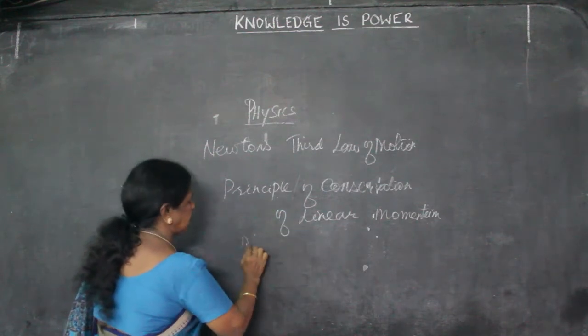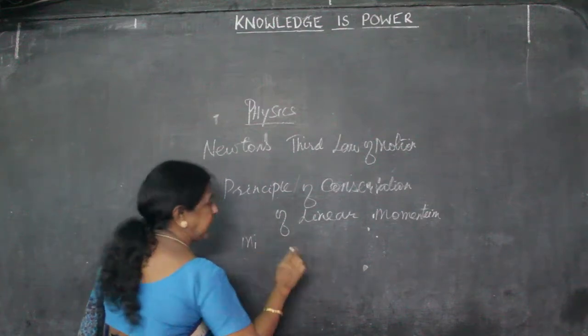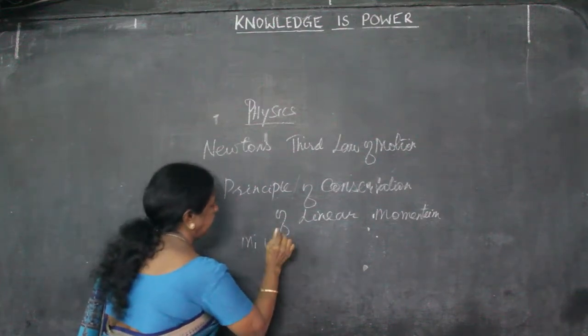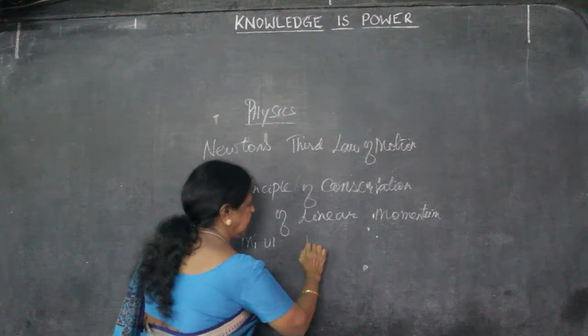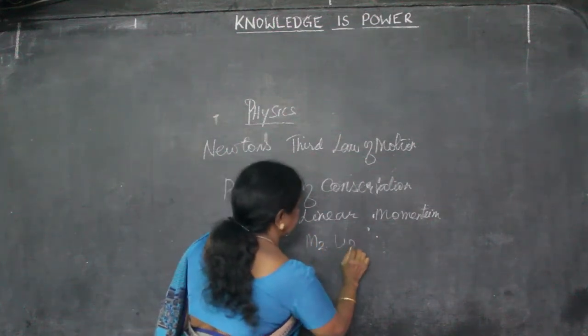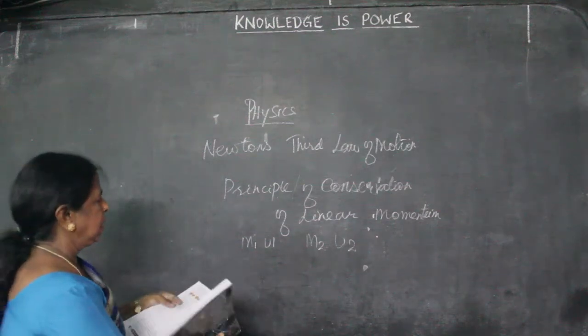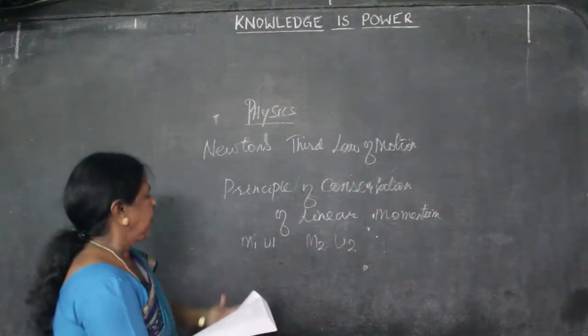For example, the first one is m1, this is one object, and its initial velocity is u1. The next one is m2, the other object, and its initial velocity is u2. Two objects you have taken.